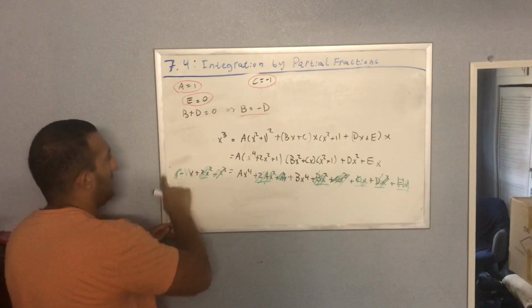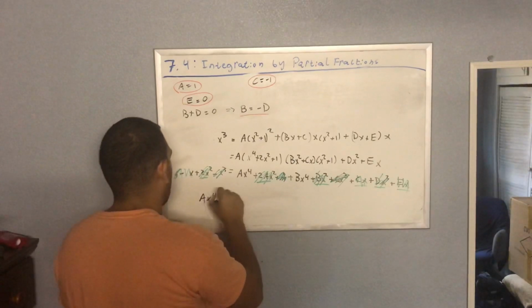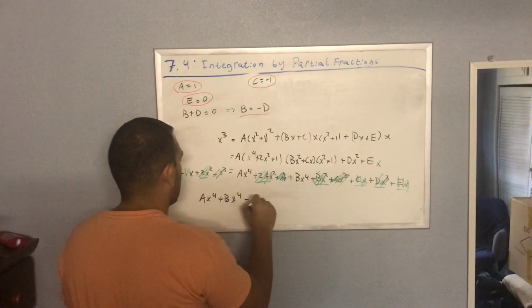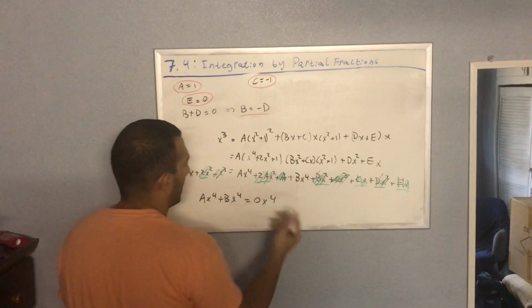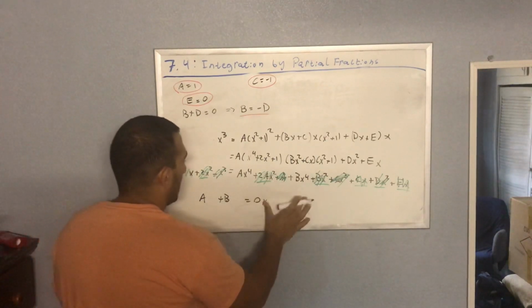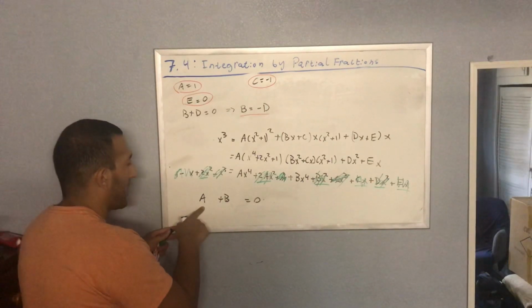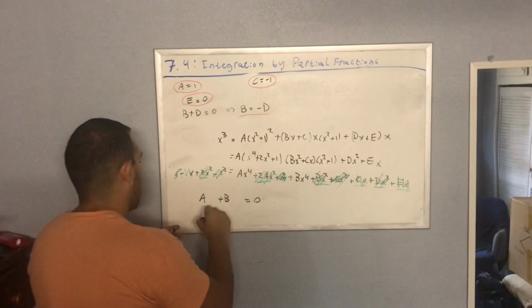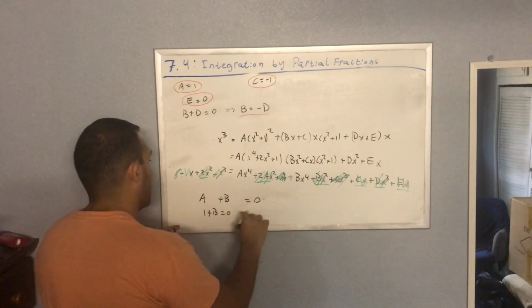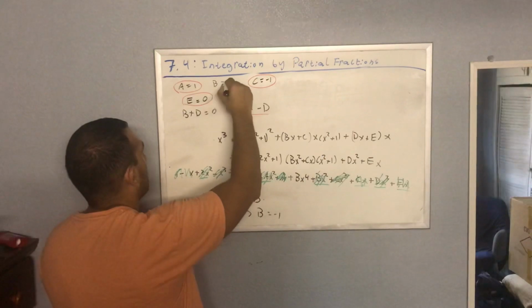So now we know that ax to the 4th plus bx to the 4th must be equal to 0 x to the 4th, if you like. So when you drop the x to the 4ths, this is what we get. But we know that a is 1. So we have 1 plus b is 0. That tells us that b is negative 1. So we know that b is negative 1.